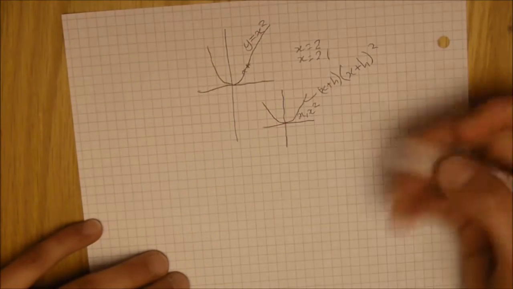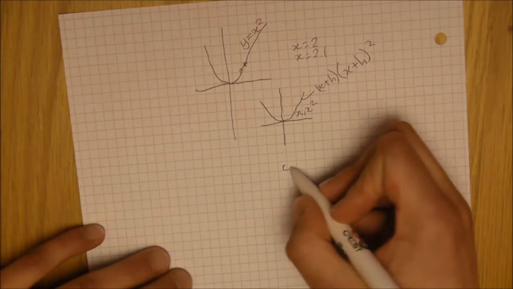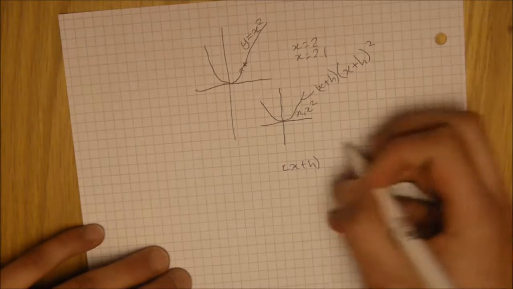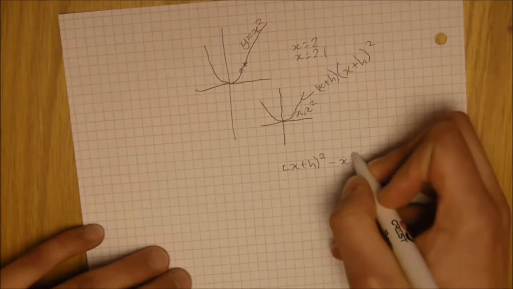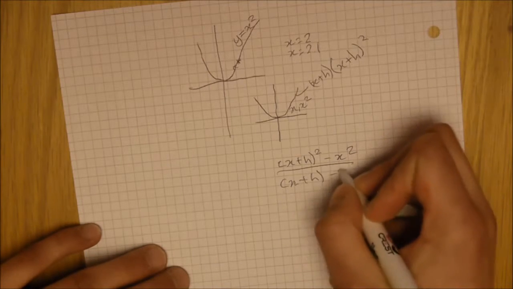So y2 minus y1 over x2 minus x1 for the gradient, so it's (x plus h) all squared minus x squared, over x plus h minus x.